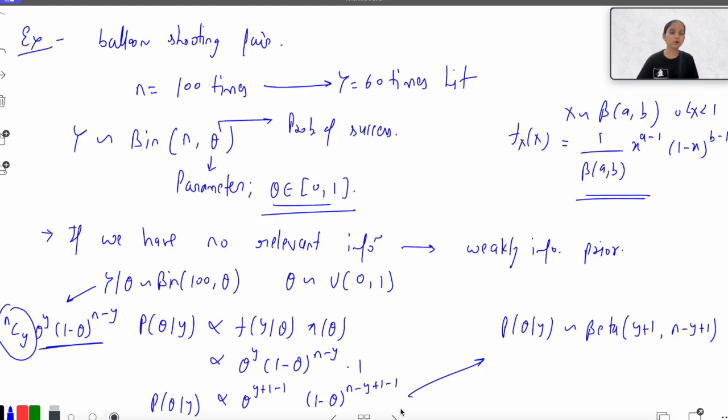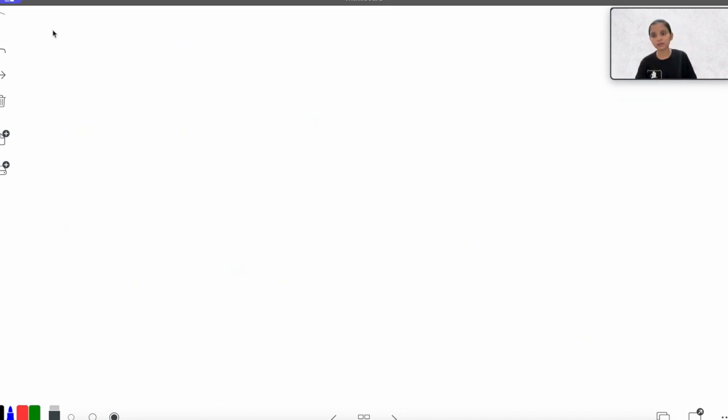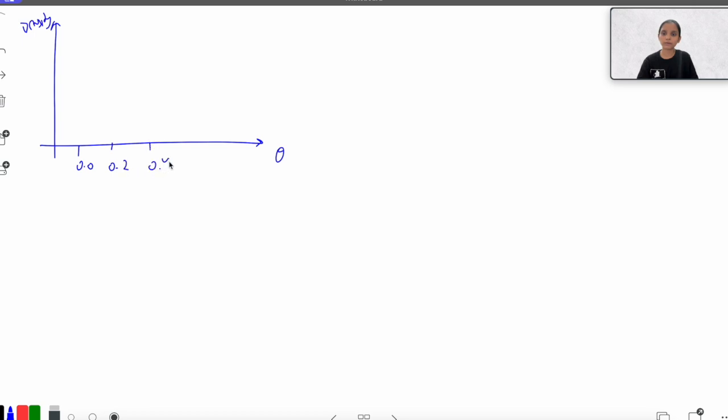Now let's focus on the graph corresponding to this non-informative prior that we have considered. Let's take a simple graph. This is theta and this is density. Let's take the theta values as 0, 0.2, 0.4, 0.6 till 1, and the density as 0, 2, 4, 6, 8, like this.